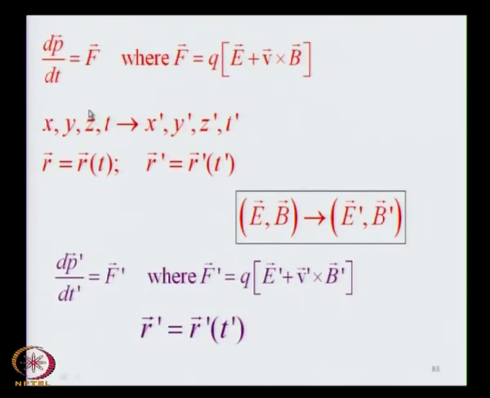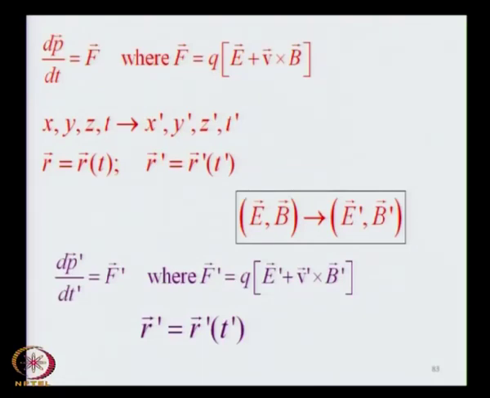The trajectory of the particle is given by how the position vector changes as a function of time, whereas for the observer in the primed frame, the trajectory will be given by how the position vector in the primed frame changes as a function of time in the primed frame, which is t prime, which is different from t.